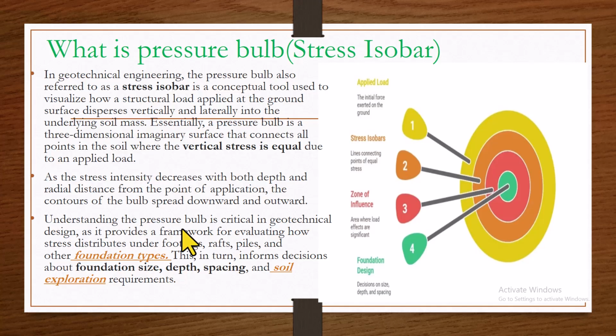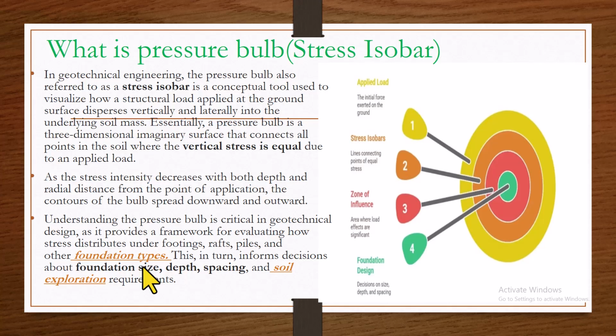So just as explained, remember from the definition we said it is a conceptual tool, and a tool is what you use to achieve a particular thing. So what do we achieve by using the isobars? And that is what you have been told here, that we use this to make decisions about foundation size.